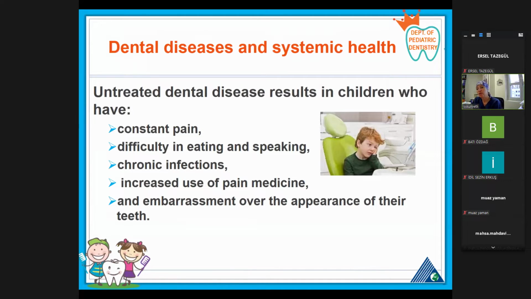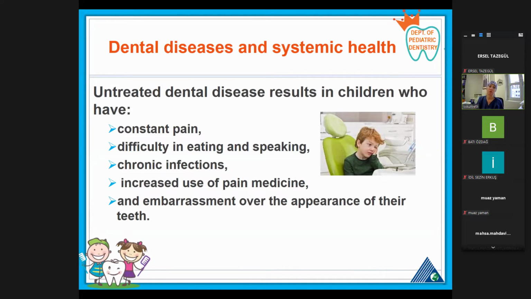And when we look at the relationship of dental diseases and systemic health, we see that untreated dental disease results in children with constant pain, which is a very sad situation for a small child, difficulty in eating and speaking, chronic infections, increased use of pain medicine, and embarrassment over the appearance of their teeth.